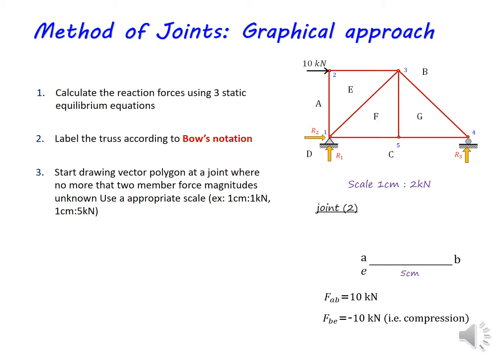Now why do I put minus and say it is compression? That's because when we say BE, BE is pushing joint 2, which means that member is under compression. That's why I make it minus 10 kilonewton, which represents the compression force.